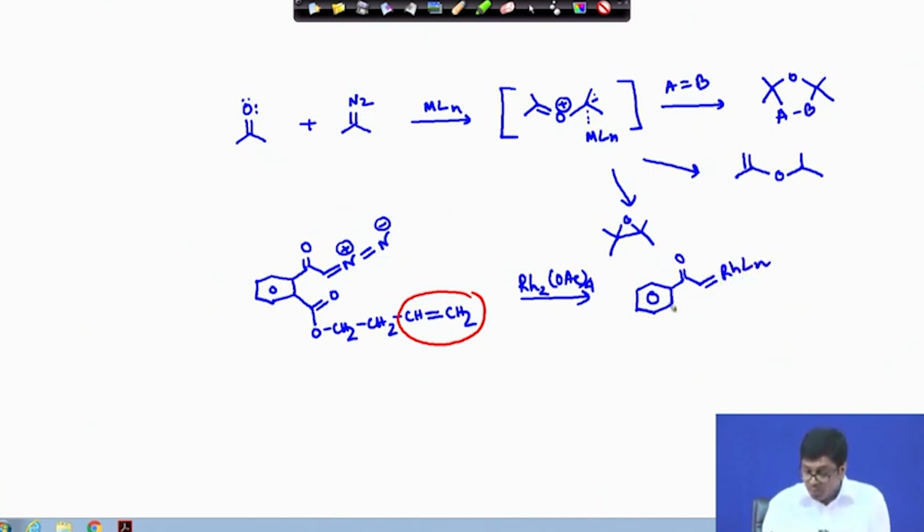Once you have generated this, you have this oxygen lone pair over here, and that can react over here.